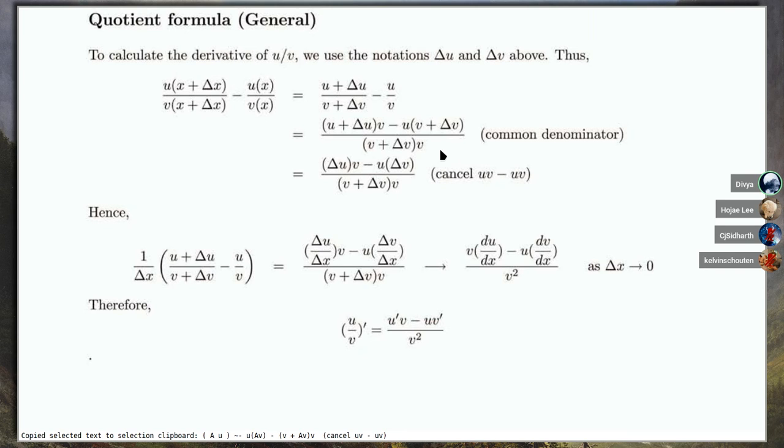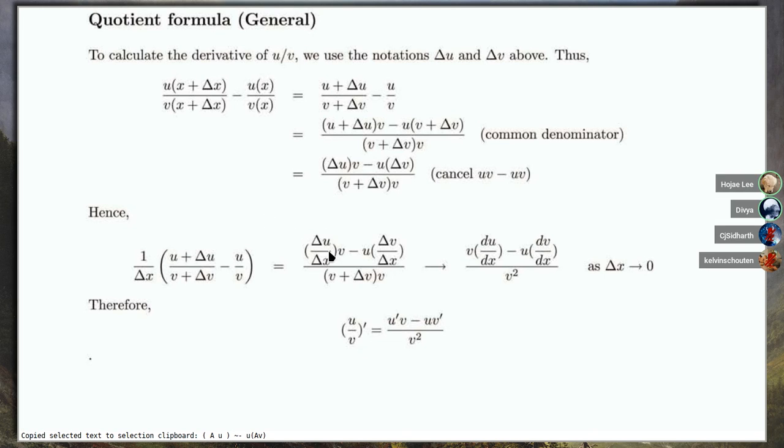So what you now do is multiply 1 over delta x to both sides of the equation, and you're going to get this. So 1 over delta x times this is equal to delta u over delta x. This is done in order to change these delta u, delta v's into derivatives. When you take the limit, they're going to go to the derivatives, right?